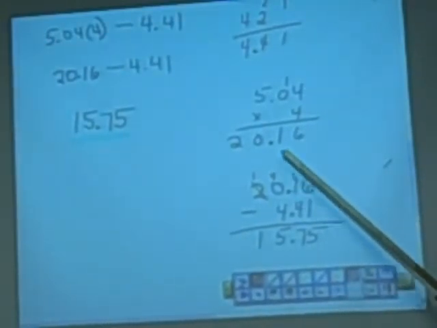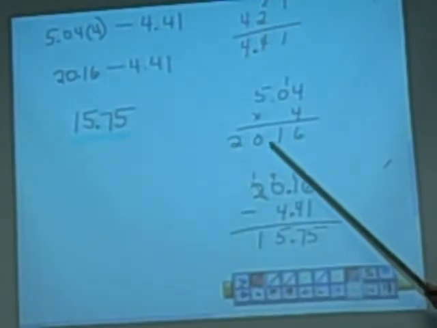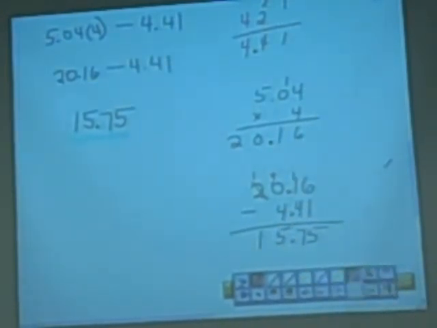They're still thinking about the multiplication instead of subtraction. So you have to take that extra second to think about, okay, what am I doing? I'm not multiplying anymore, I'm subtracting. With subtraction, just bring the decimal down.